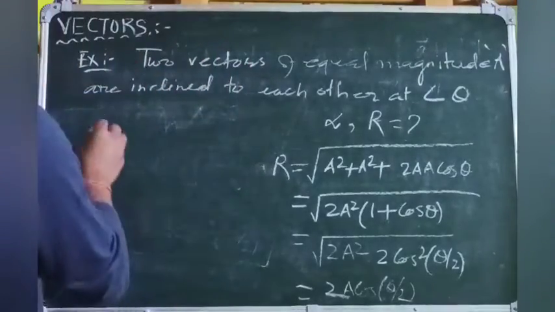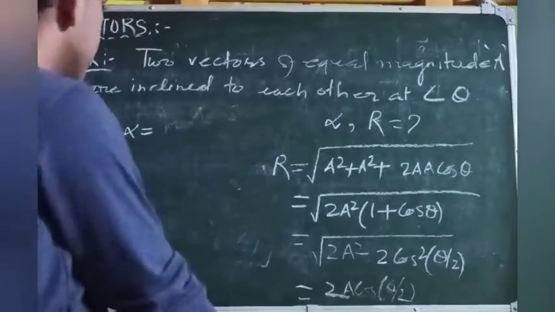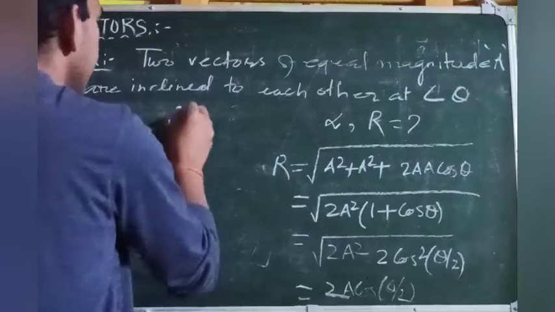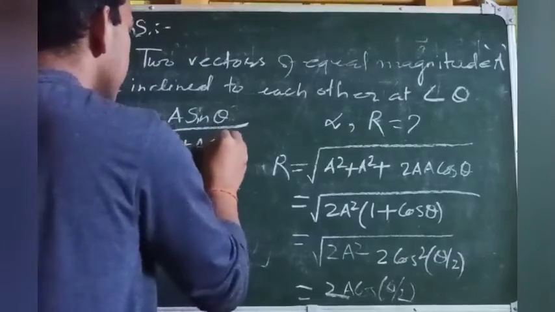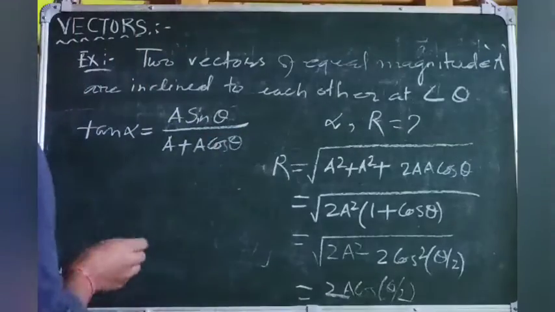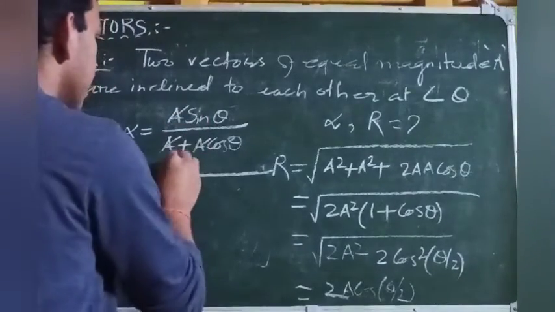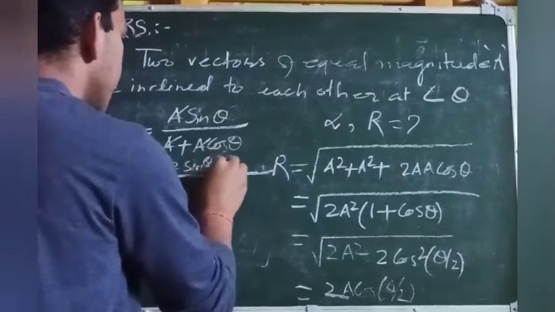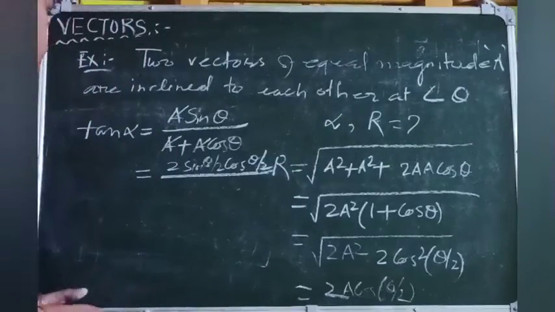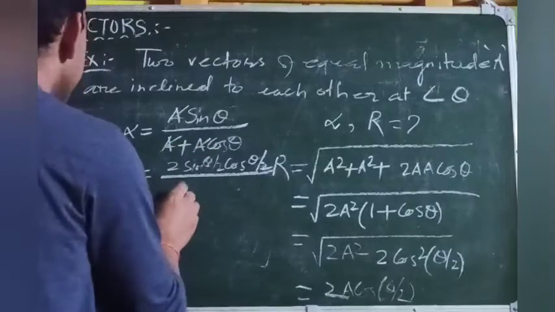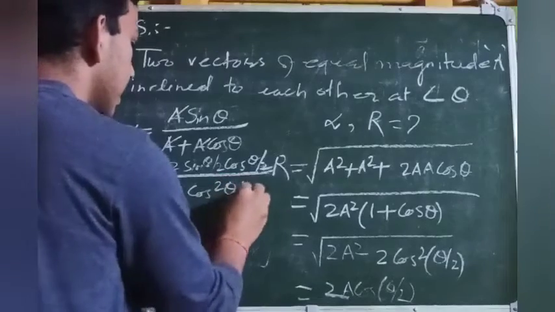Now we know the direct formula as tan alpha is equal to b sin theta upon a plus b cos theta, which is a sin theta upon a plus a cos theta. Now we can cut a, and we can write sin theta as 2 sin theta by 2 cos theta by 2, because sin 2 theta is 2 sin theta cos theta, and 1 plus cos theta is, as we have already seen, 2 cos squared theta upon 2.